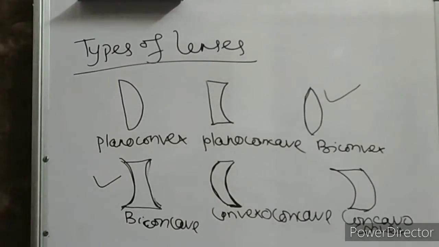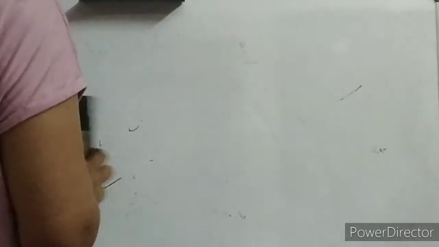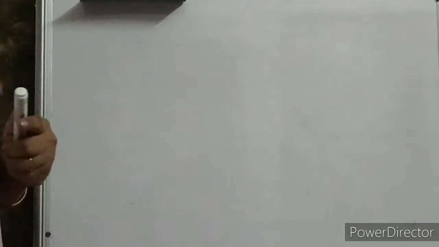Okay children? Can you tell me the applications where you can see all these concave and convex lenses? Magnifying glass, everybody has seen. These lenses are actually changing the characteristics of the image. When you see through the lens, you will see an image having completely different characteristics that we are going to study in subsequent lectures. So what are the applications?